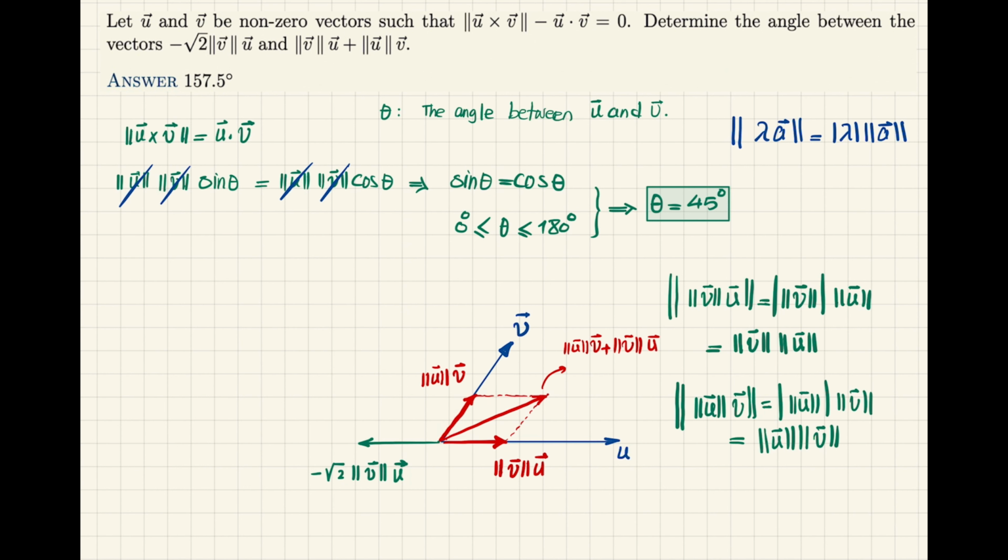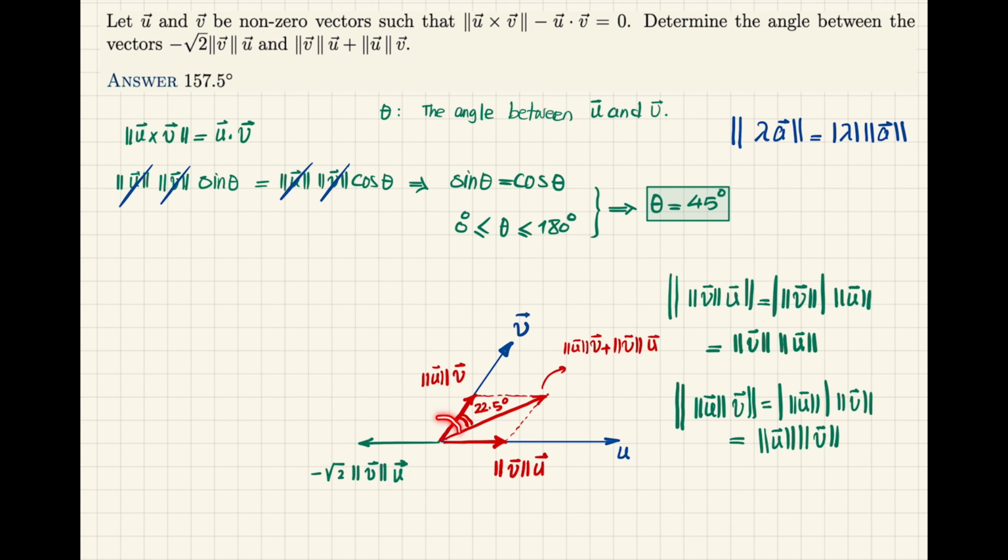And we know that in a rhombus, the diagonal bisects the angle between two vectors. Okay, so the angle between these two blue vectors, which is exactly the angle between these two red vectors, is equal to 45. So if I ask you what the angle here is, you would say it is half of the 45, which is 22.5 degrees. Okay? But you are supposed to find the angle between this vector here, you see, and this vector, which is in this direction, and they have been drawn from the same point.